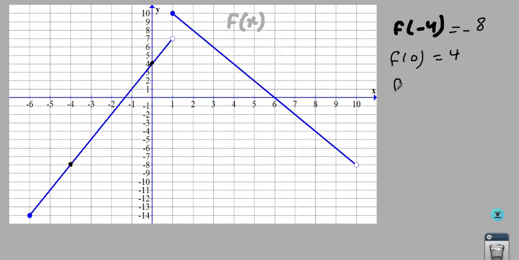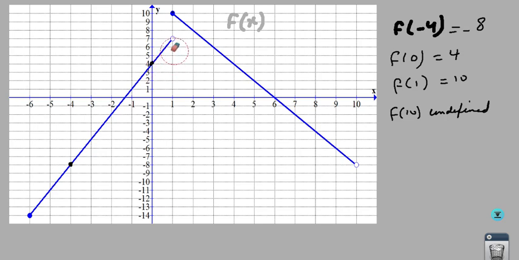What about f of 1? As I mentioned, this is not f of 1, but this is, so this is 10. Similarly, f of 3 is 6, and f of 10 is undefined. Same applies for f of 11 or f of -7, for example.